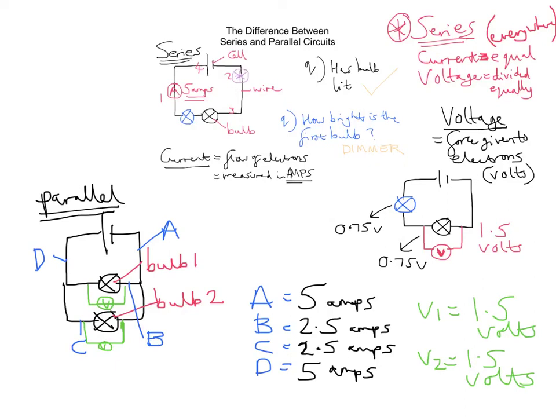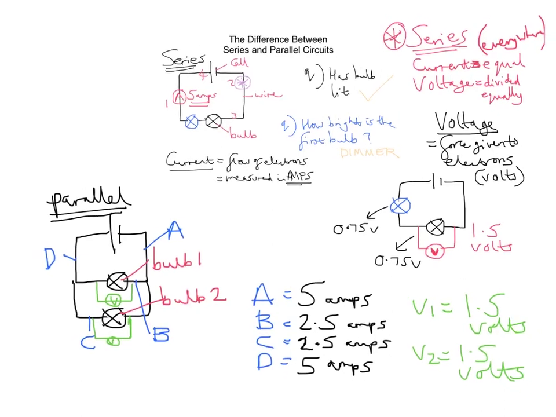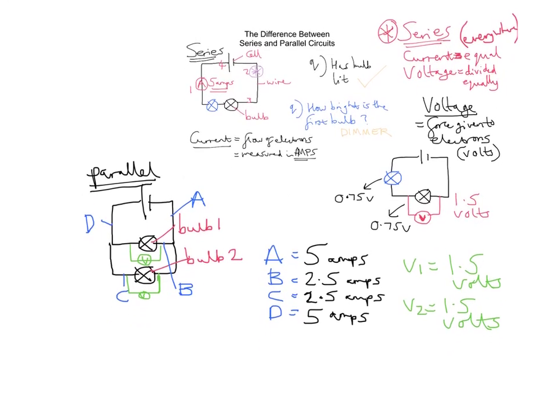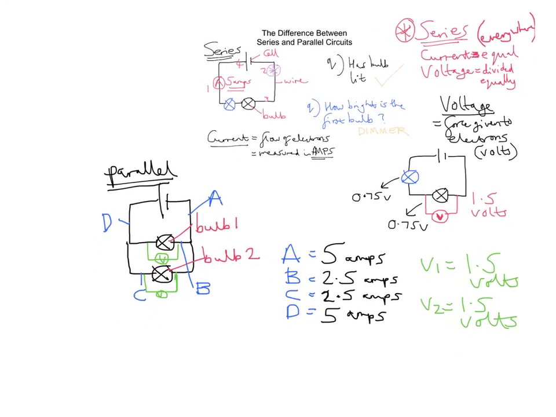So the voltage actually stays the same across each bulb in a parallel circuit, completely contrasting series. So in a series circuit, the voltage was divided equally across each component. In a parallel circuit, the voltage stays the same across each component. So just to summarize that, like I did with the series circuit at the top, I'm just going to put a little note down here about in parallel.